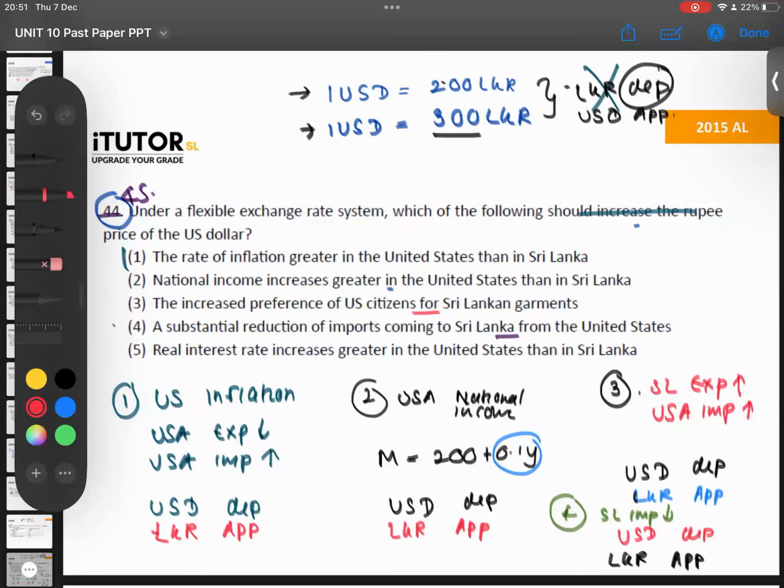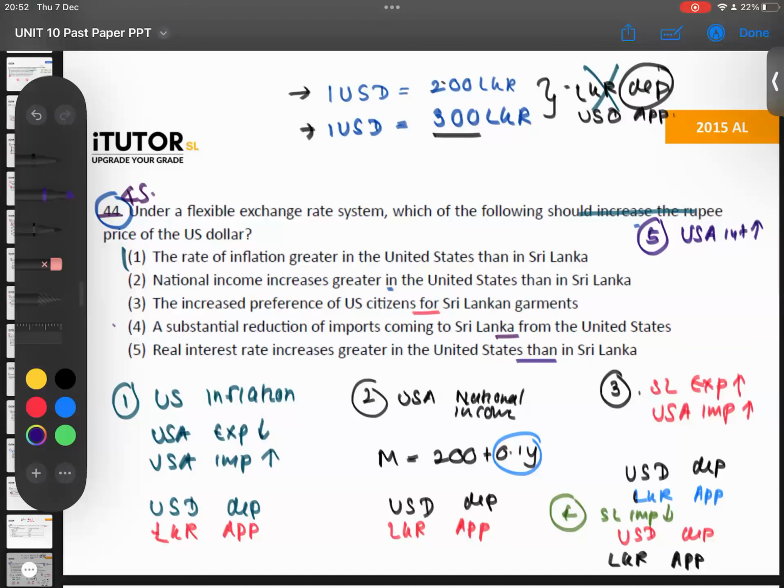We look at number 5. Number 5 says real interest rate increases greater in the United States than Sri Lanka. What will happen? In the USA, if interest rates increase, what will people do? Will people like to invest in Sri Lanka or in the US? If interest rates in the United States increase, where will they want to invest? People would love to invest in the USA, no? Because the USA is giving a higher interest rate. Sri Lanka is giving 5%, USA is giving 10%.